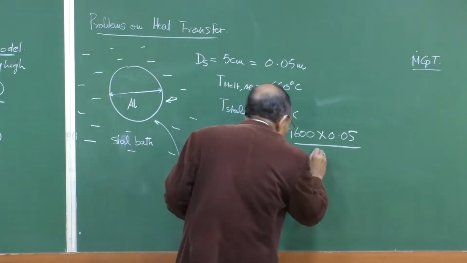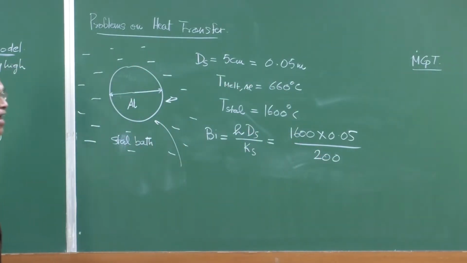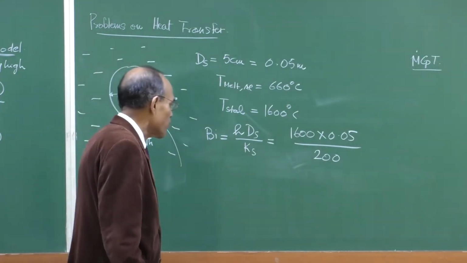Solid aluminum has a thermal conductivity in SI units of 200. Steel has a thermal conductivity of 40, so aluminum is 5 times more conductive.